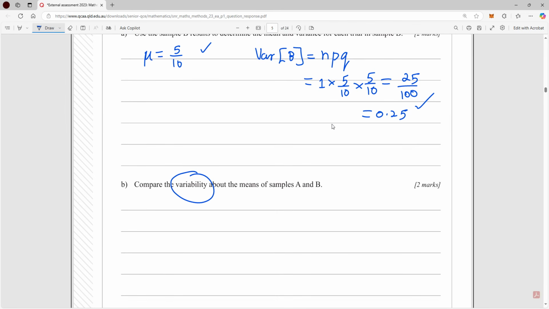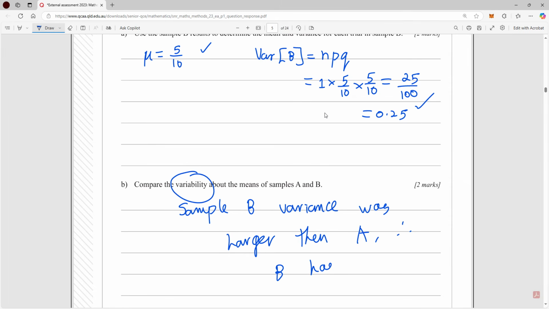So all we have to say is sample B's variance was larger than A's, therefore B has more variability. I hate saying that word, so hard to say.